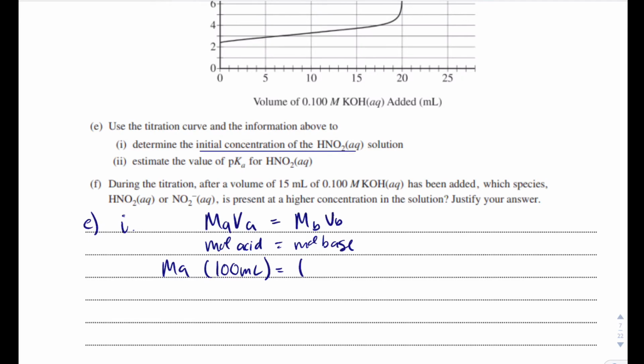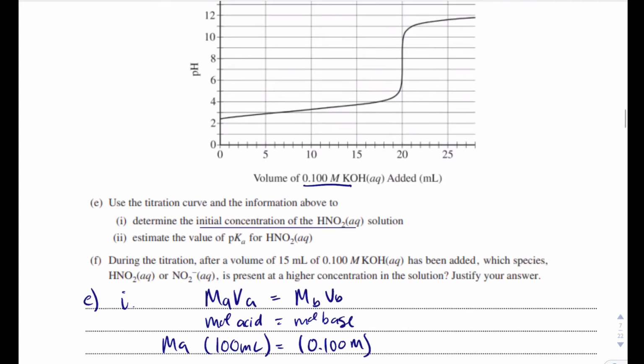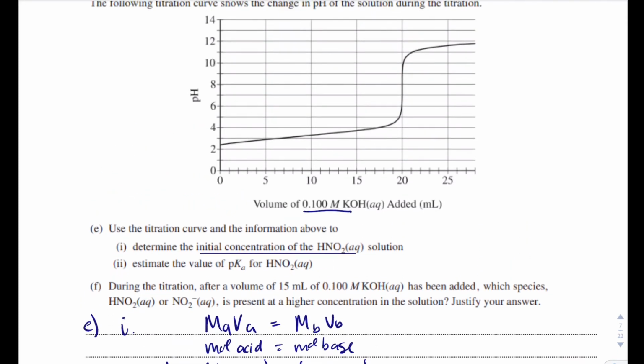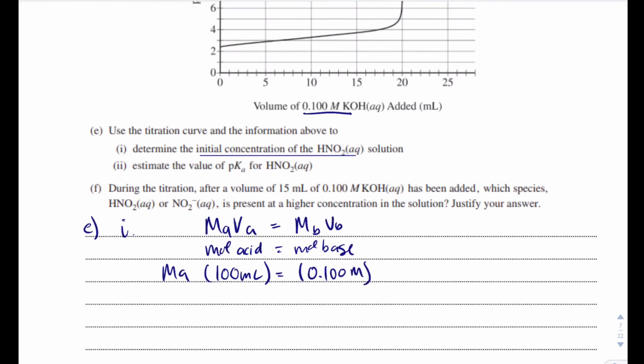The molarity of our base is 0.100 molar. They don't give us directly the volume of the base, but the equivalence point is where we go vertical on our titration curve, and so that's about 20-ish milliliters, so I'm just going to say 20. And so when I do the math, I get 0.02 molar of HNO2. Okay, so that is done.